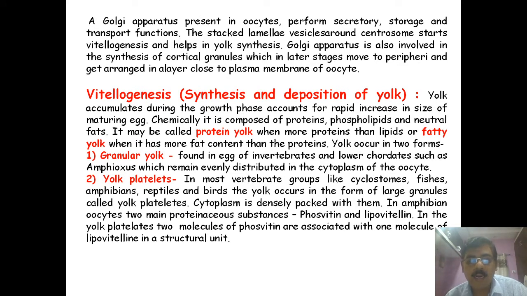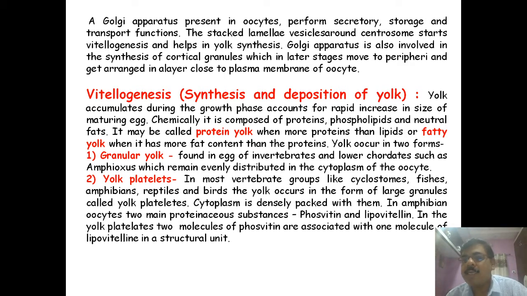The Golgi apparatus present in the oocyte also performs a variety of functions. They perform the secretory, storage, and transport functions. The stacked lamellae vesicles around the centrosome start the vitellogenesis and help in the synthesis of yolk.